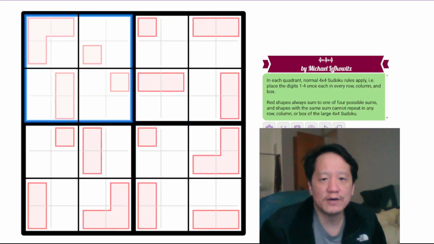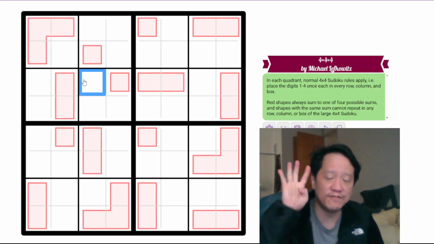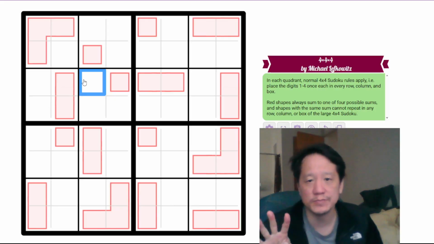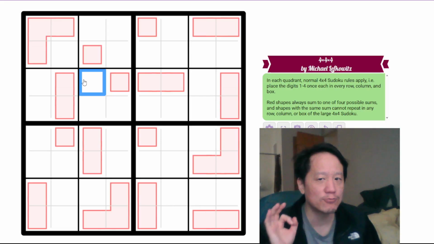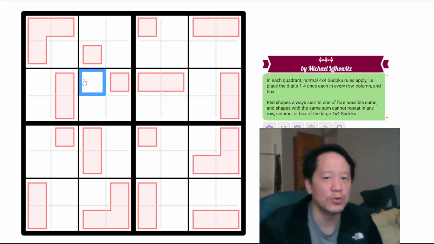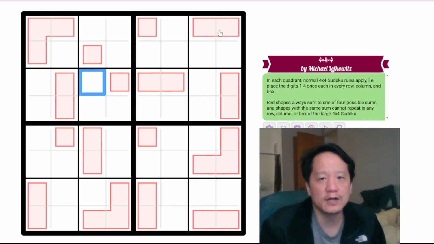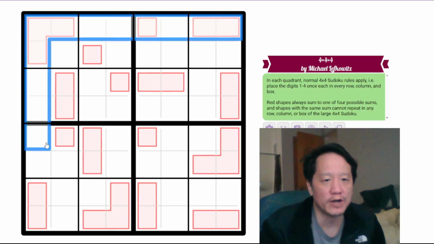We also have the other rule: red shapes always sum to one of 4 possible sums. And shapes with the same sum cannot repeat in any row, column, or box of the large 4 by 4 Sudoku.